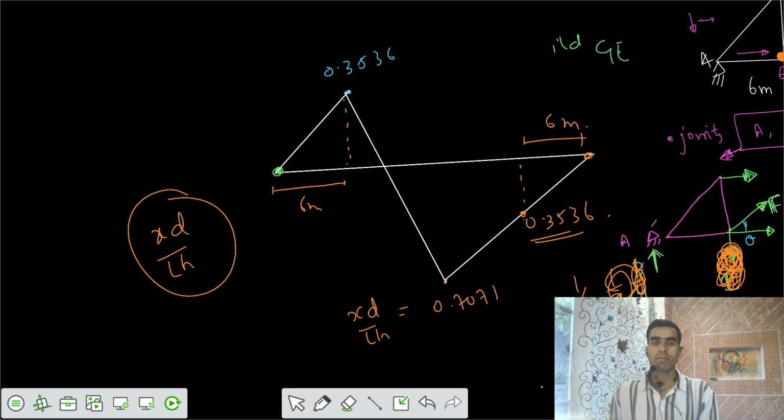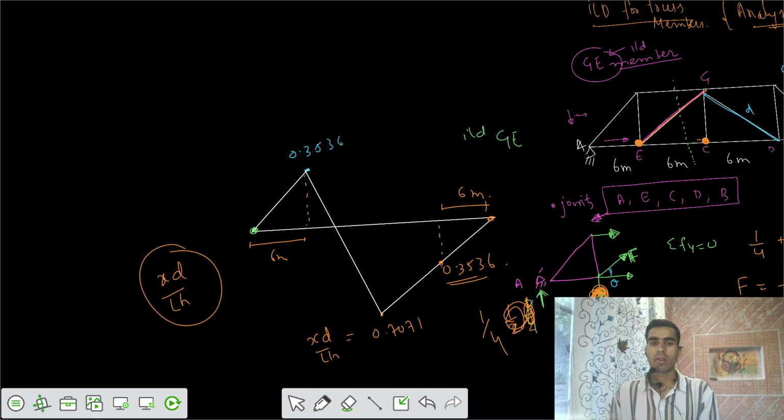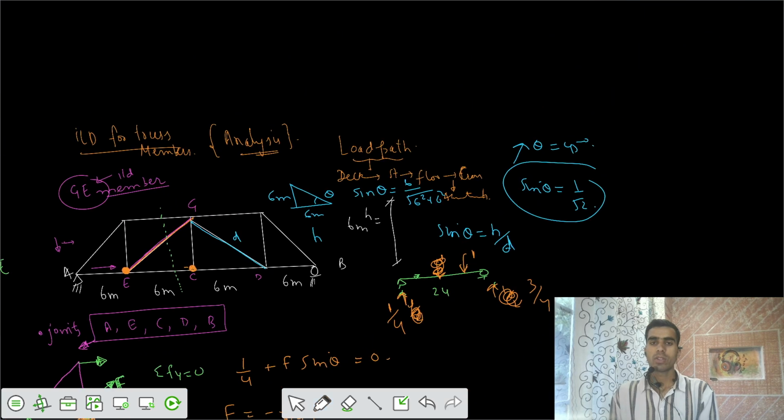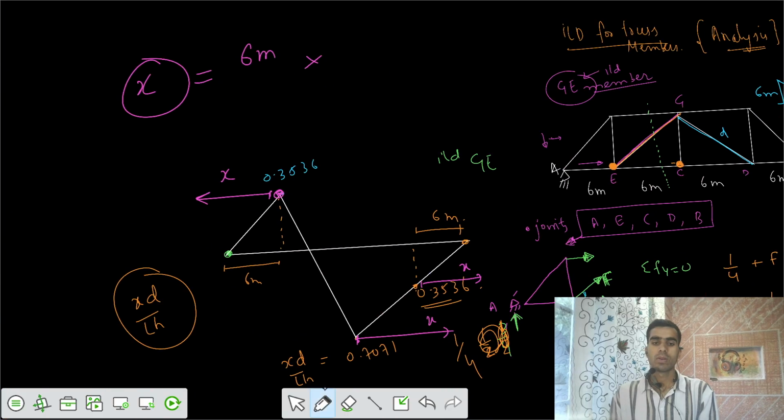So if I directly ask what is the value of x, for this ordinate, this is the direction of x. The value of x equals 6 meter for the first point, and the diagonal is 6√2. So 6√2 divided by L, the total length L equals 24 meter, and the height of the truss h is also 6 meter.